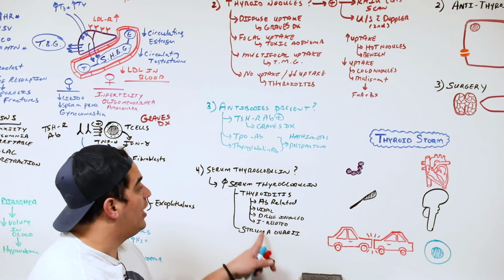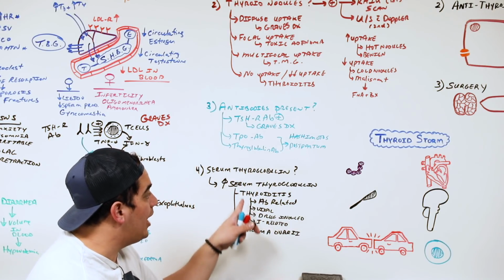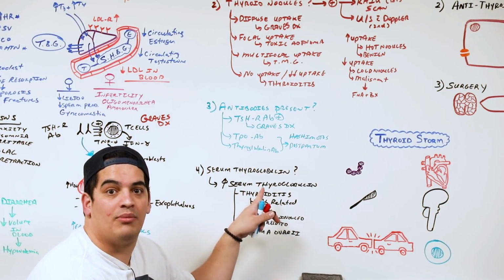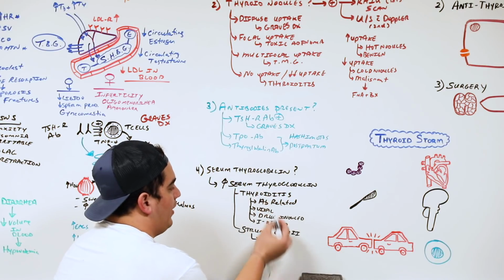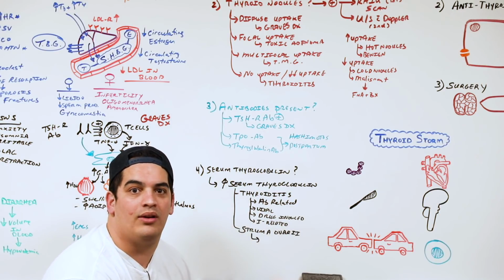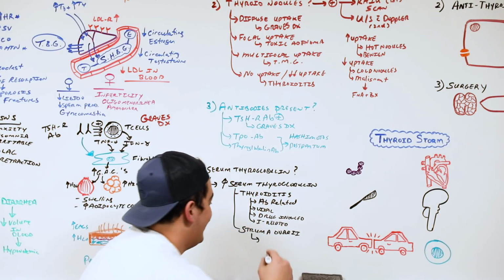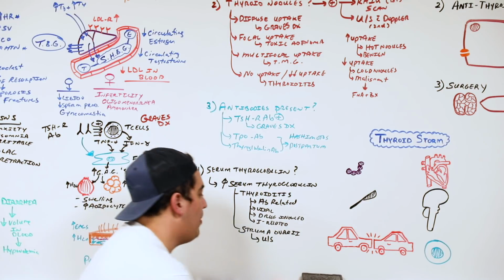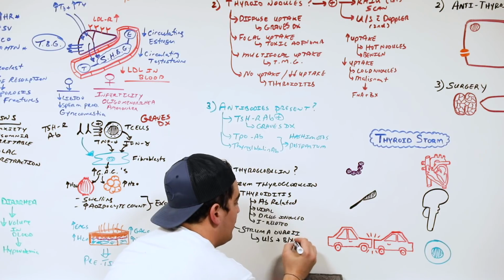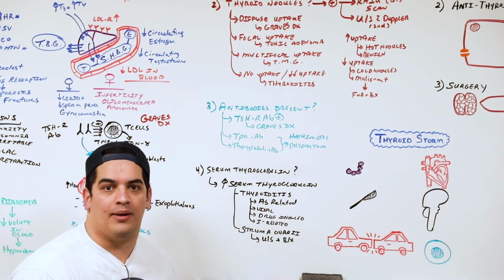That tumor can also have elevated serum thyroglobulin. So what would you do if you didn't know whether it's thyroiditis or struma ovarii? Get an ultrasound of the area where the ovary is, and then you can also get a biopsy to confirm that there's actually thyroid-like tissue in that area.